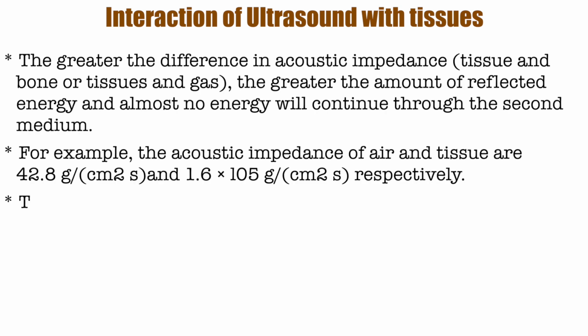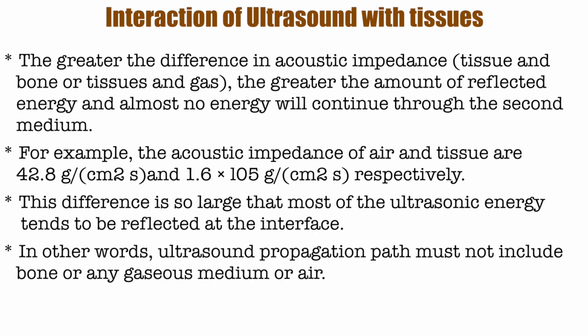The greater the difference in acoustic impedance, for example tissue and bone or tissue and gas, the greater the amount of reflected energy and almost no energy will continue through the second medium.